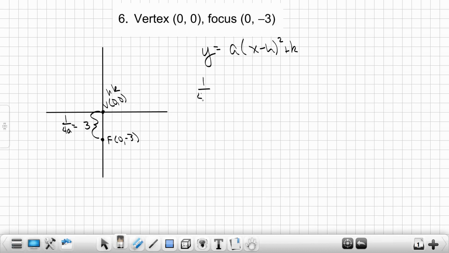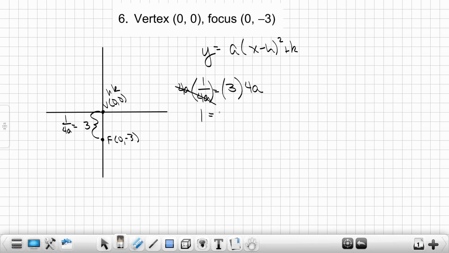So let's get our a value. Aaron, to solve for a slowly but surely, what do we do to get a by itself? Multiply by 4a. We want to get the whole thing out of the denominator. So now I have 1 is equal to 12a.